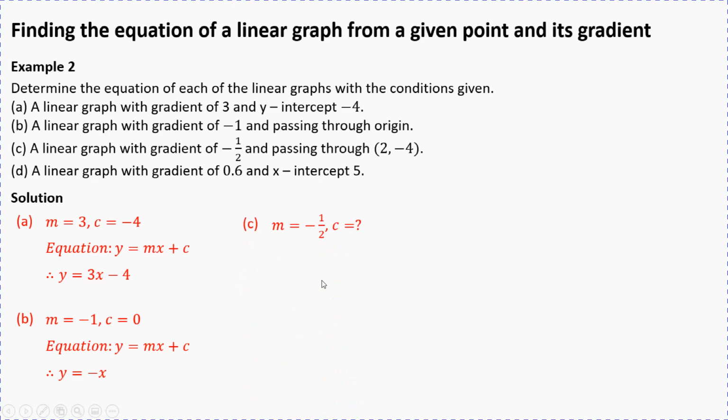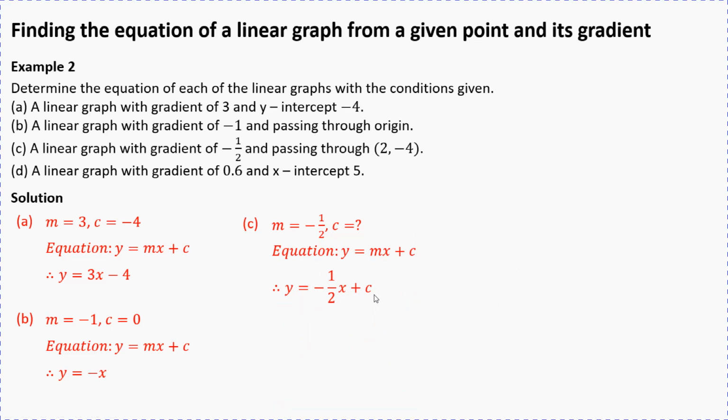And more difficult questions would be like part C and part D. In part C, you're given a gradient and also a point. So the method is we need to put in the gradient first, but you still need to find the value of c.